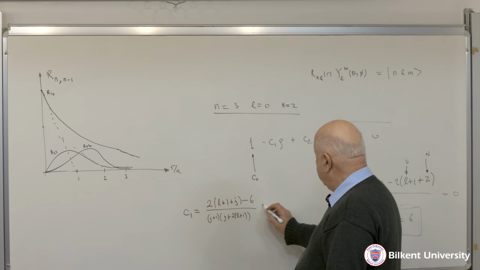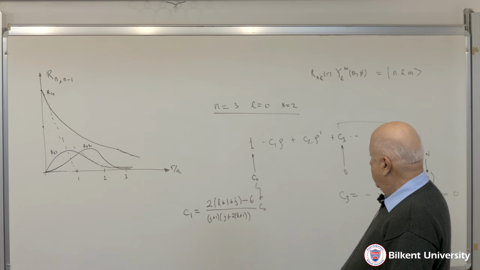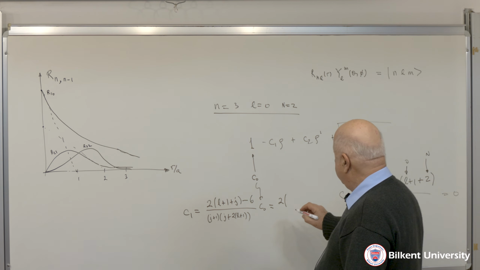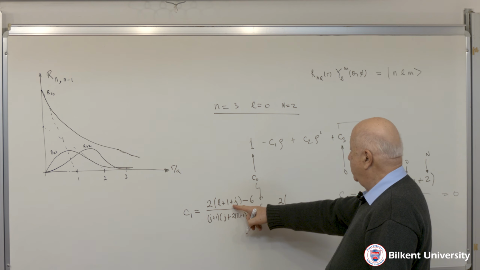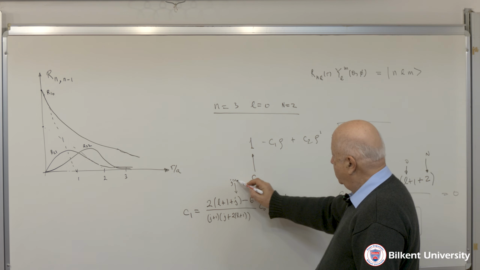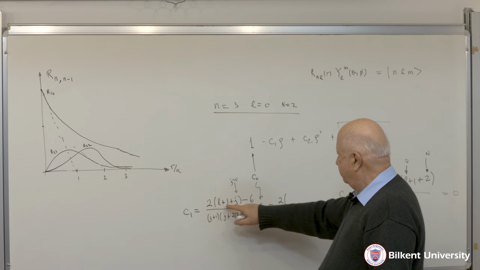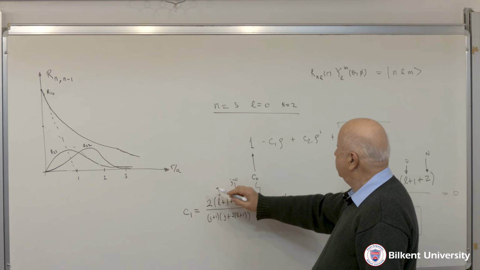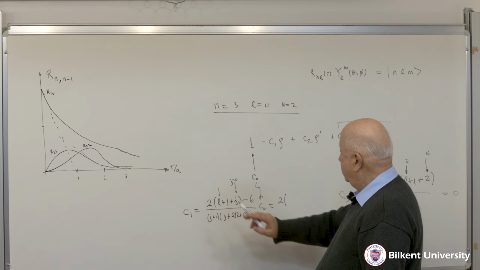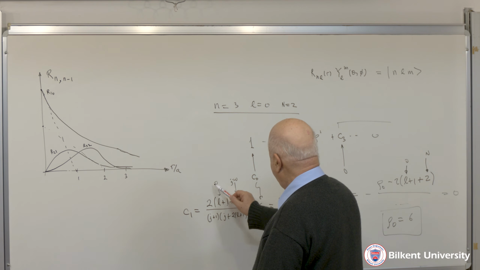Now I need help with my algebra. So this is C0, which is 1. So this is going to be 2. L was 0, so 1. And J at this point is 0. So I get 3, right? L is 0. This is 5 minus 4, 2 minus 6 equals minus 4.